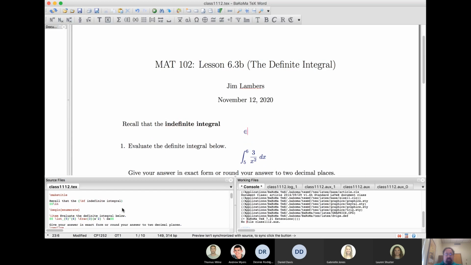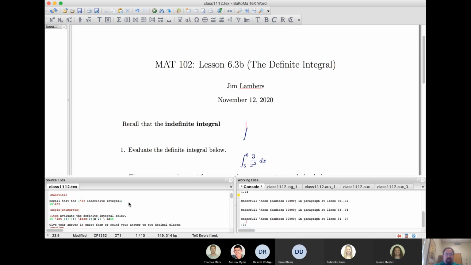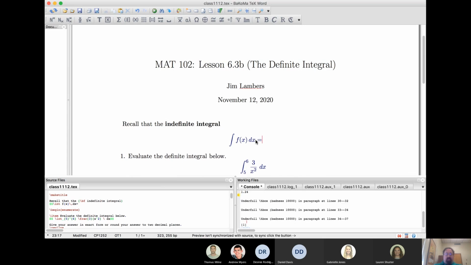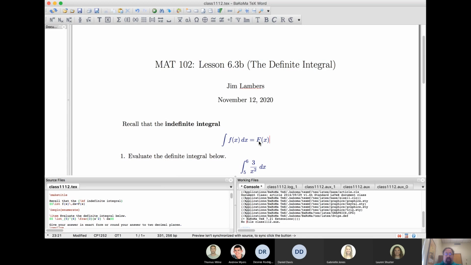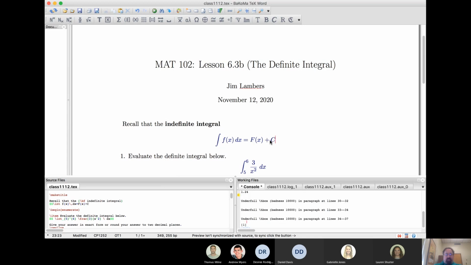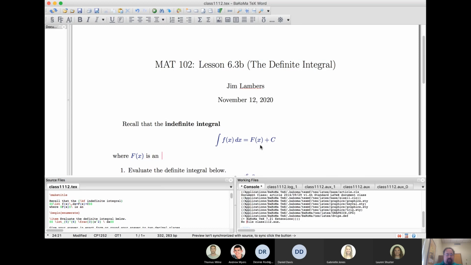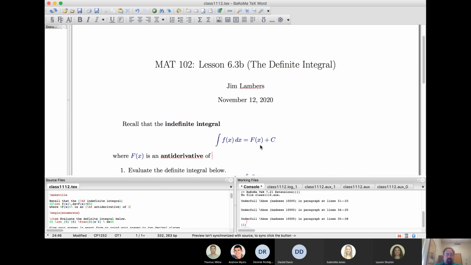So the indefinite integral, we just have an integral sign and then some given function, f of x, followed by a dx. That is equal to some function capital F of x plus some arbitrary constant c, where big F is an antiderivative of little f.